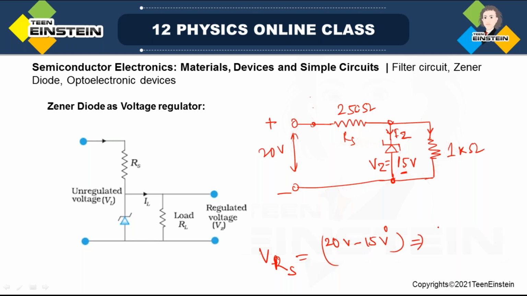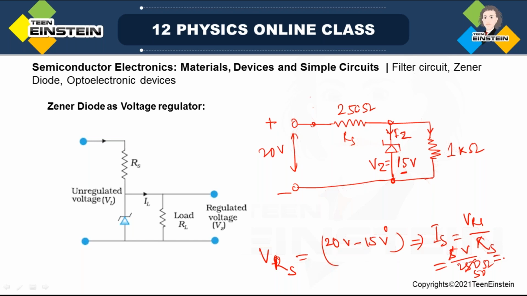This implies that Is will be Vrs by Rs, so 5 volt divided by 250 ohm. This will give you 1 over 50 ampere.